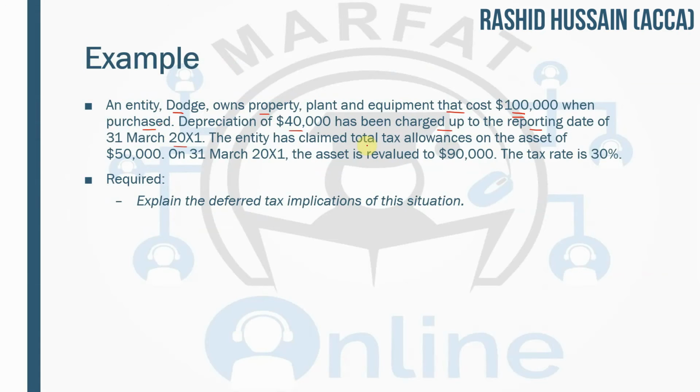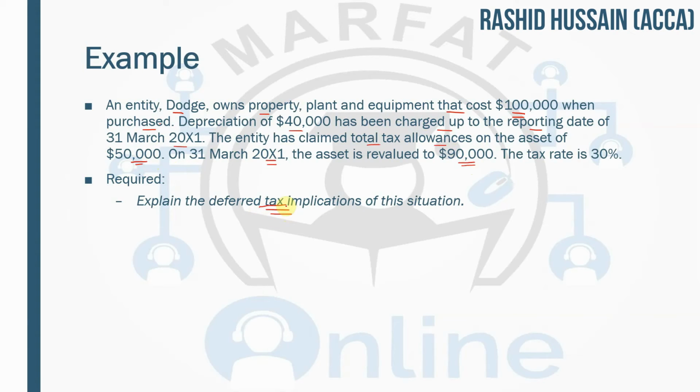The entity has claimed total tax allowances on the asset of 50,000. On 31st March, the asset is revalued to 90,000. The tax rate is 30%. Now, what is the requirement? Explain the deferred tax implications.